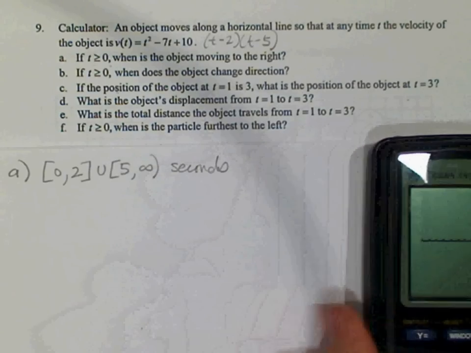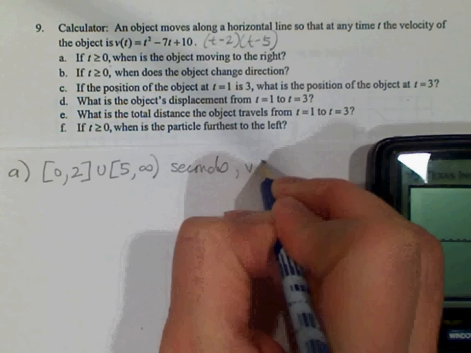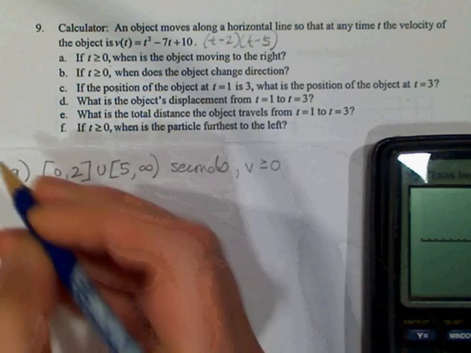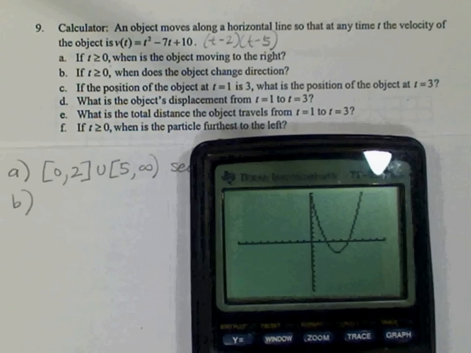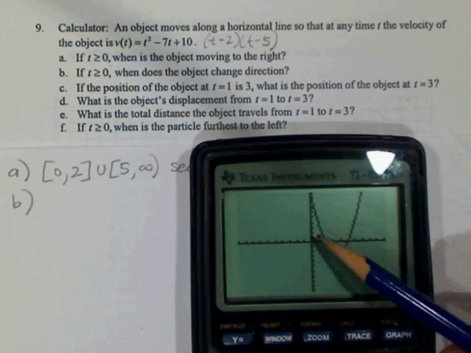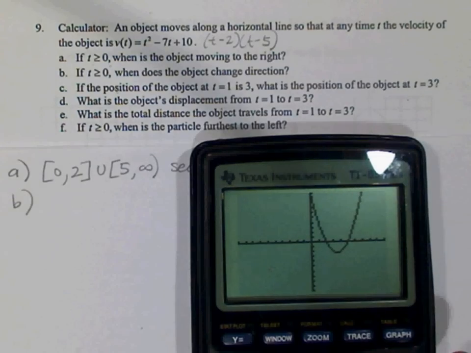And we'll put a little justification there: v is greater than or equal to 0, for your notes. B, if t is greater than or equal to 0, when does the object change directions? Well, that's when v is equal to 0 and changes signs. That's going to be at t equals 2 and t equals 5.